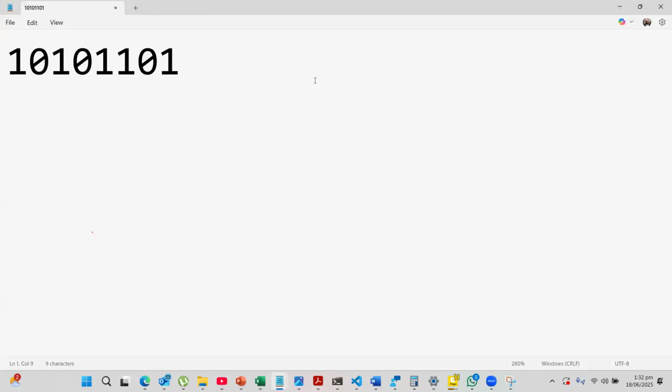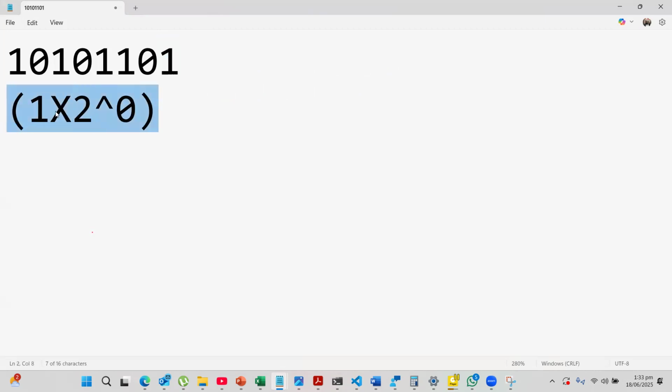So it means that if I'm writing this again, starting from the end, I'll have in brackets 1 times 2 raised to the power 0. So that is for this one here.